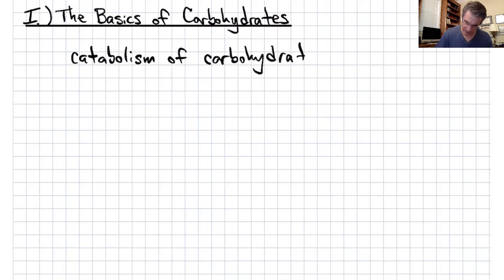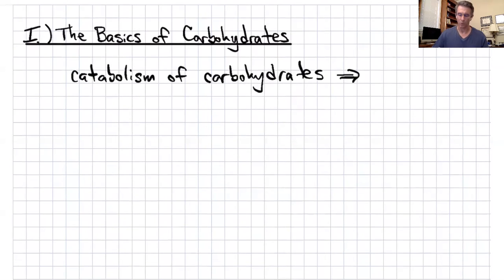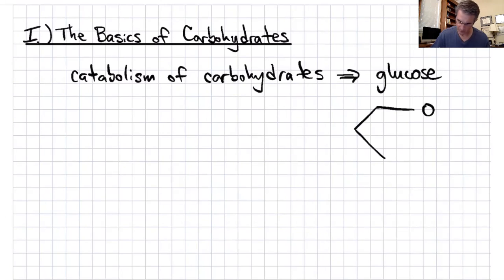And specifically, we're going to be looking at the catabolic breakdown of, of course, glucose, which you may or may not remember is a molecule that looks something like this. And we'll get back to some of the details of this in a little bit.